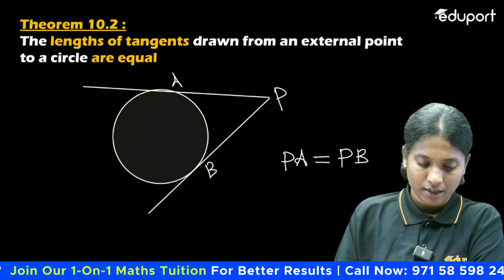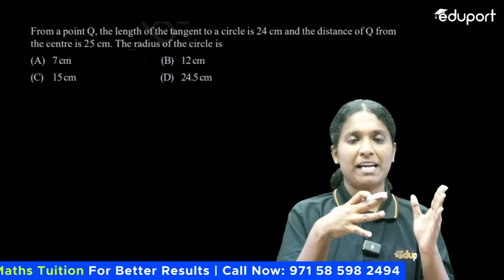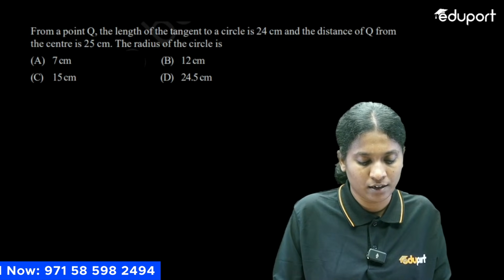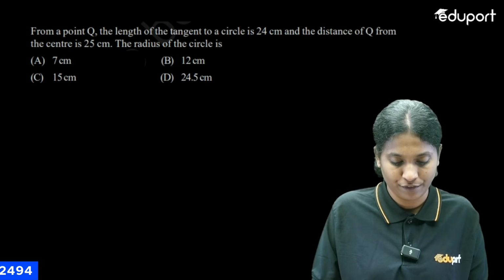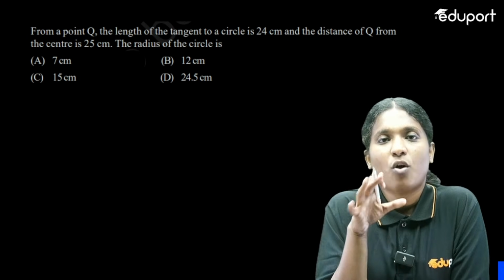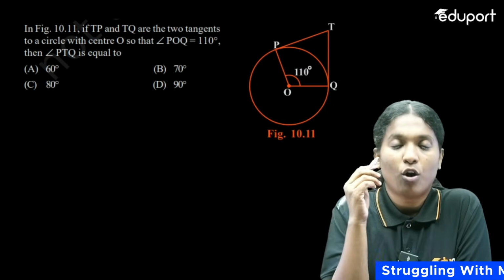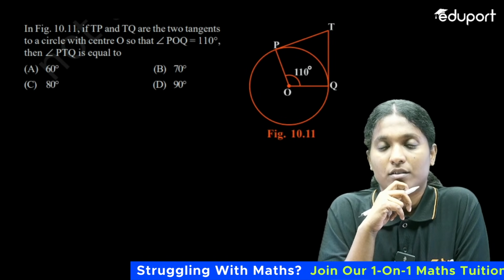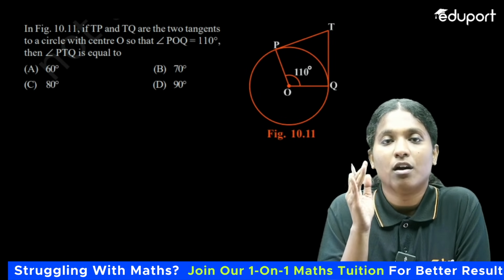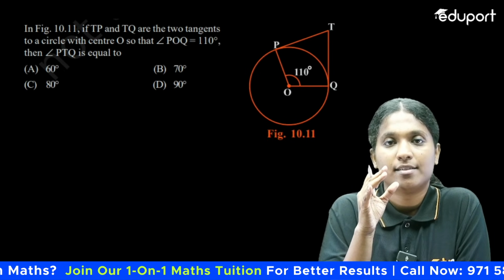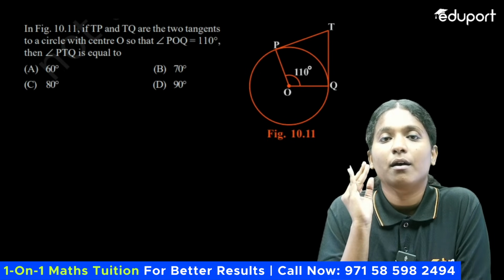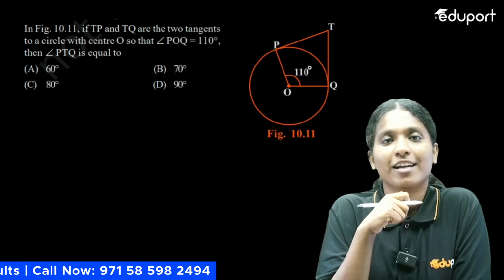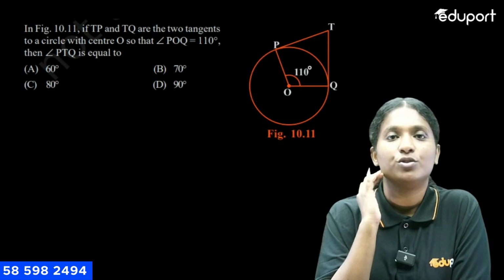Now, based upon these questions that we have already discussed, from a point Q, the length of tangent to a circle is 24 centimeter, distance of Q from the center is 25, then the radius of the circle? All of these questions are based on the theorems that we have learned. So you can use tangent perpendicular to the radius, and tangents drawn from an external point to the circle are equal.